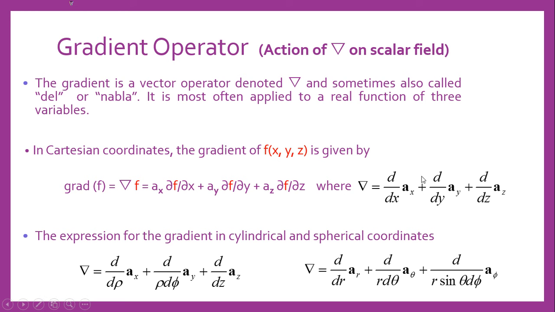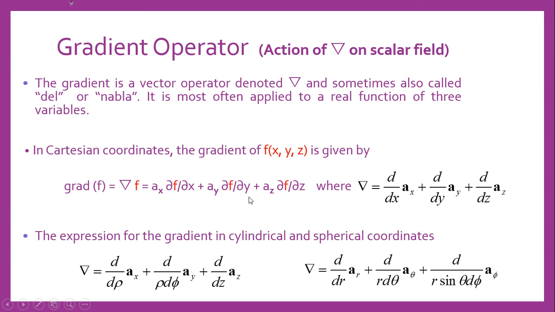It can also be represented with partial derivatives, dou by dou x with ax, dou by dou y with ay, and dou by dou z with az. When you operate this del vector on the function f, we get ax into dou f by dou x, plus ay into dou f by dou y, plus az into dou f by dou z.